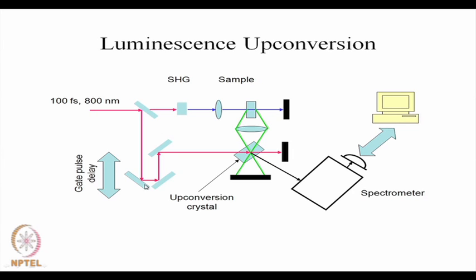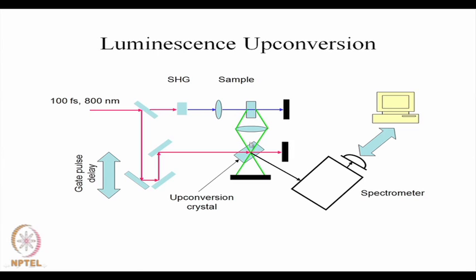In the same way as we talked about for pump probe, you use a retro reflector, I mean a pair of mirrors, and so here the optical path travelled by red and the optical path travelled through this.